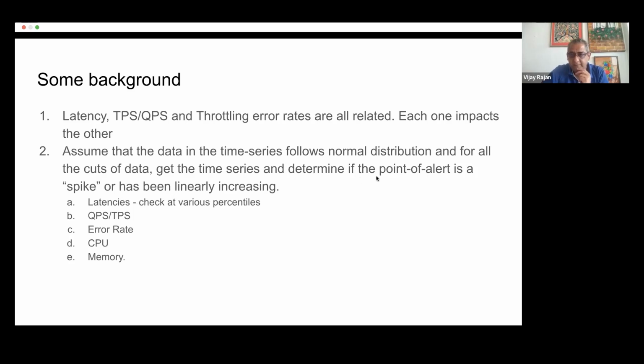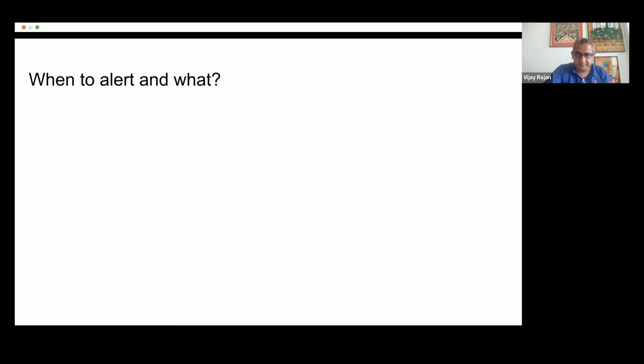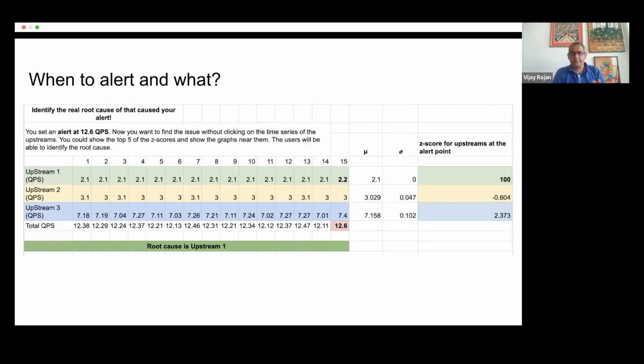And at the point of alert, is there a spike, or is it linearly increasing? So you can auto compute this without seeing it yourself. You don't have to click on it to inspect it. You can automate it with fundamental statistics and make your life much easier. So here's an example of what to alert when.